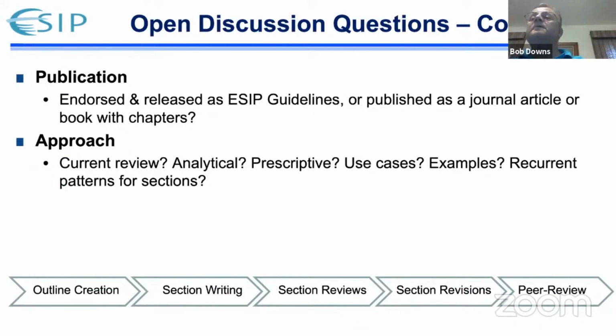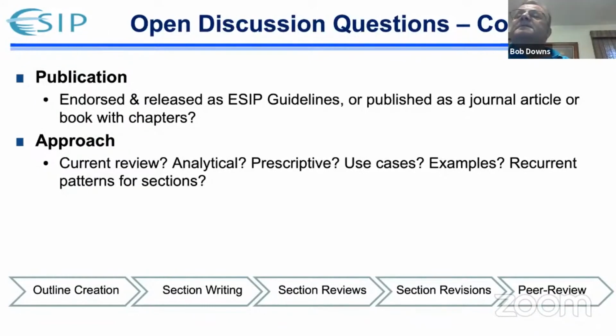Or should we consider having these published as a journal article or a book with chapters? And please share any comments about the particular approach. That is, should we have an initial review, or should this be an analytical approach, or should we just take a prescriptive approach, or perhaps all of these?